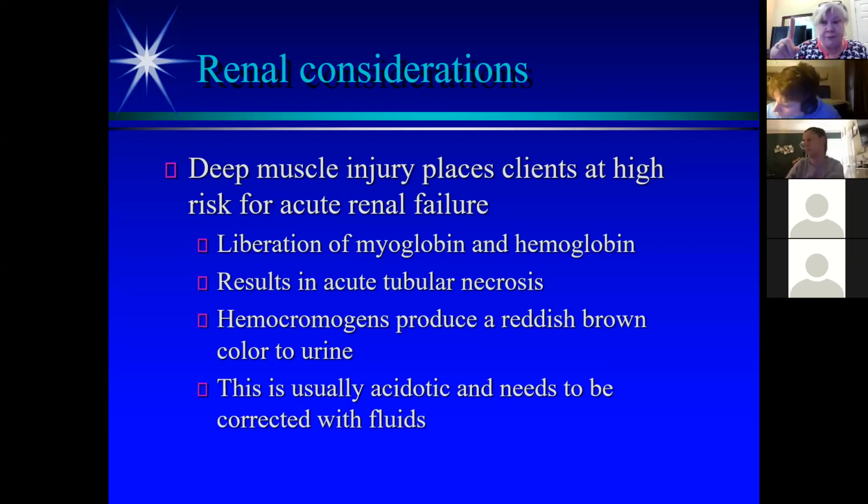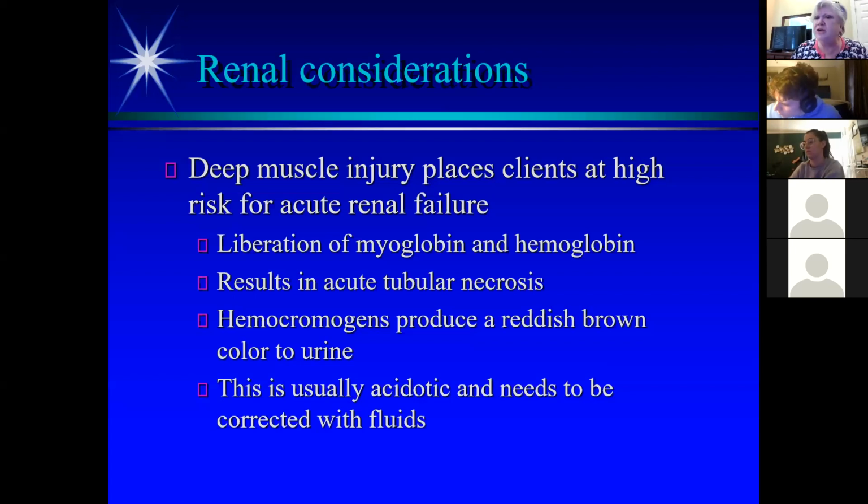Number one, to keep their blood pressure up. That's ABCs. But also, the thinner we can keep their urine, more on the 70 side instead of the 30 side, the more flow through their tubules you get, and the less acute renal failure, the less ATN that you're going to get.